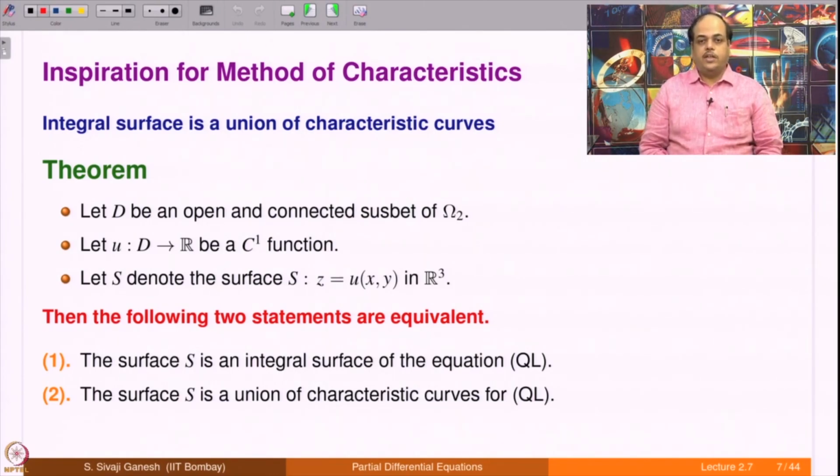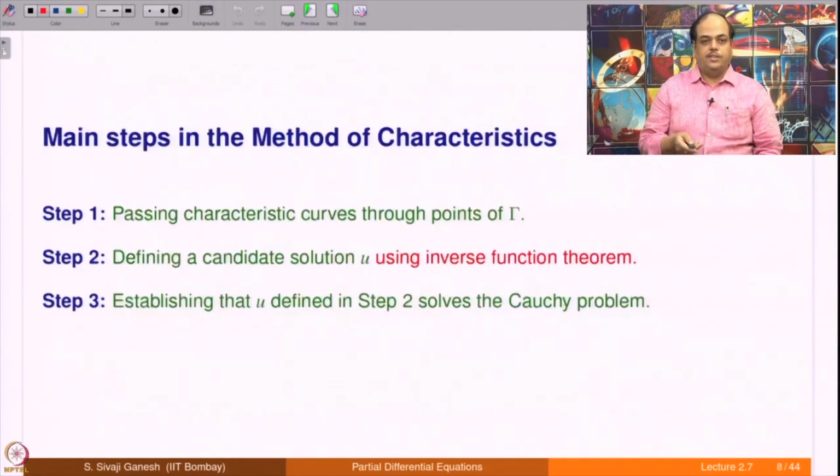Since we want to construct an integral surface, in other words wants to find a solution or a surface corresponding to a solution, we will start with this idea of constructing some quantity, some object which is union of characteristic curves. That is the idea behind this method of characteristics.